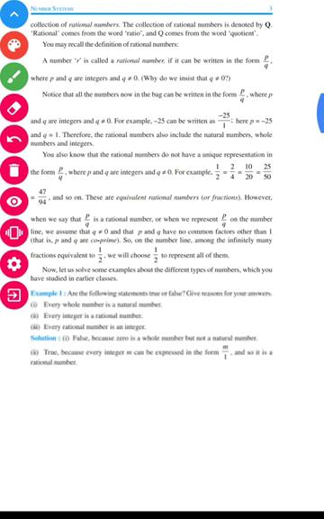The same thing is written here, which I have just explained to you. These are known as equivalent rational numbers or equivalent fractions.